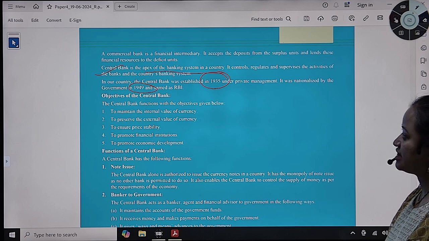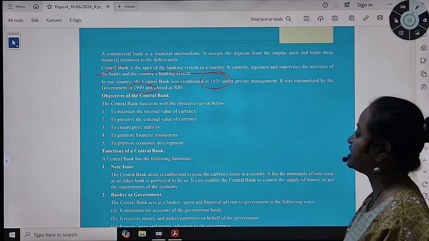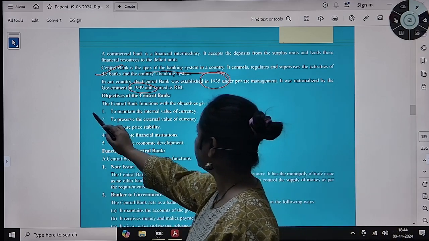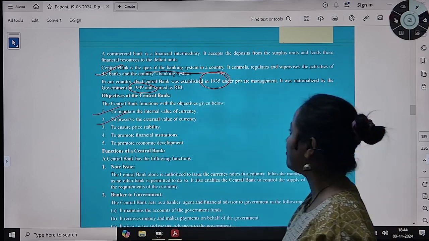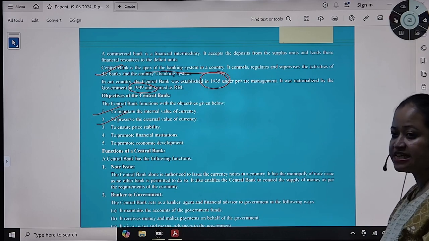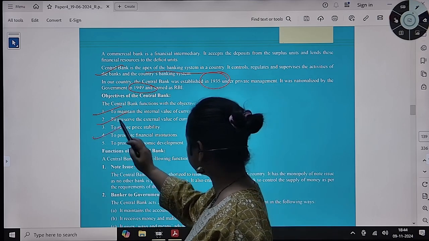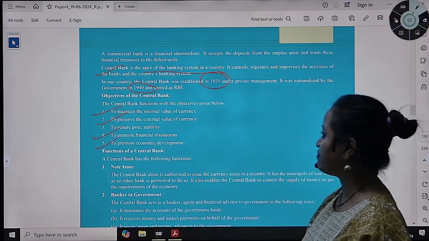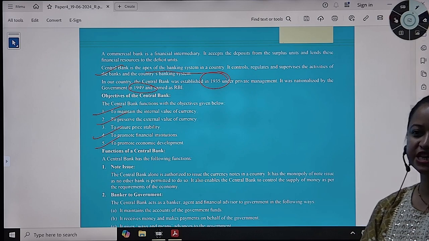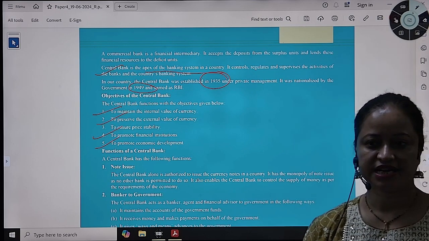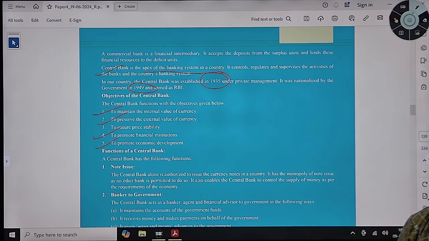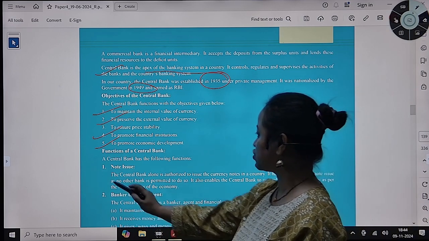Right? The objectives of the central bank are to maintain the internal value of currency, to preserve the external value of currency, to ensure stability of prices in the economy, to promote financial institutions, and to promote economic development. These are the objectives of the central bank in our country. The main function of the central bank is note issue.